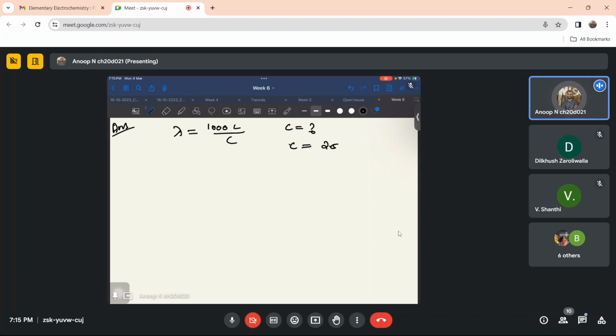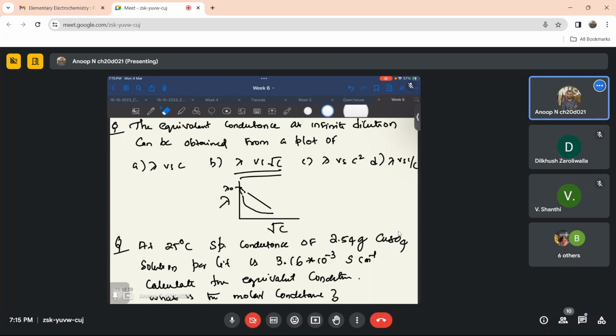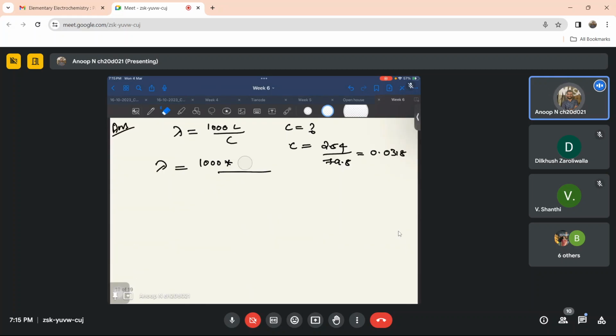So 2.54 divided by the equivalent weight of copper sulfate, 79.8, which is nothing but 0.0318. So what will be the value of lambda? 1000 into 3.16 into 10 raised to minus 3 divided by 0.0318.